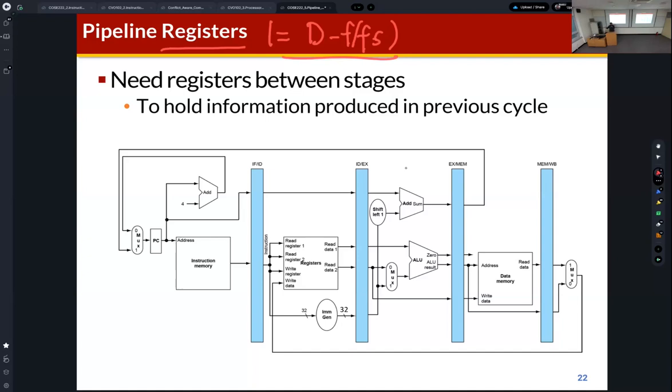This is the microarchitecture area, okay? You need to understand that pipeline registers are actually groups of D flip-flops. I already explained about D flip-flops, right?